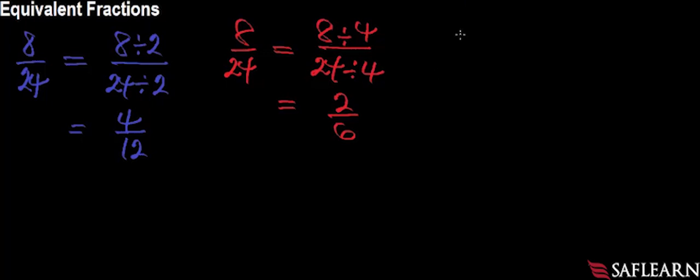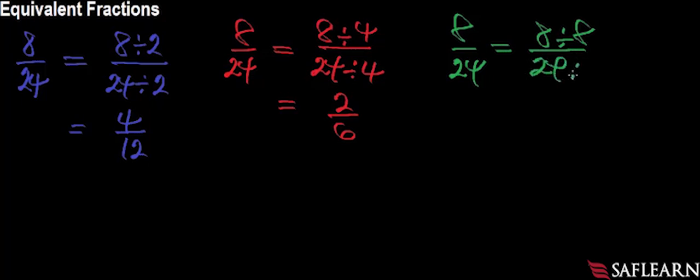We're going to have 8 over 24 is 8 divided by 8 over 24 divided by 8, and that's equal to 1 over 3.